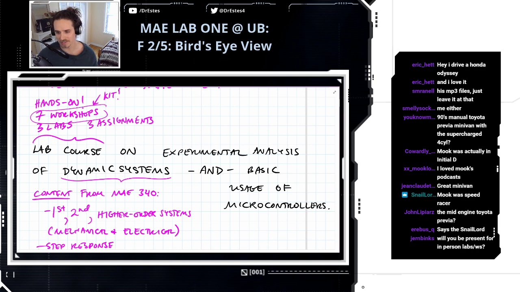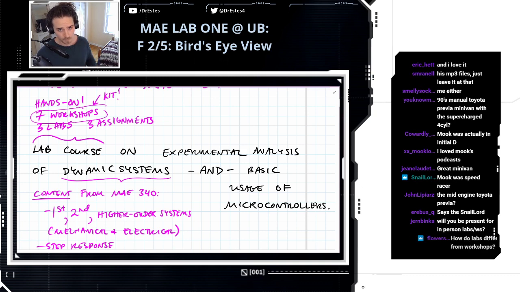Jern Binks says, will you be present for in-person labs? I will not be present for your in-person labs. You're going to have a teaching assistant who's present. How do labs differ from workshops?